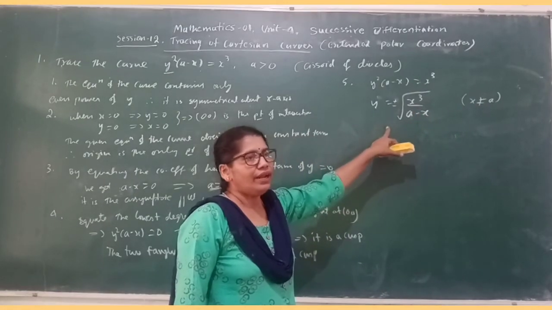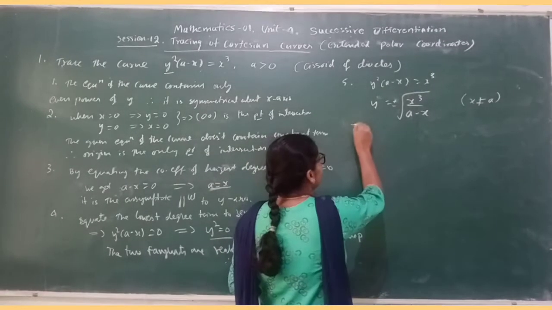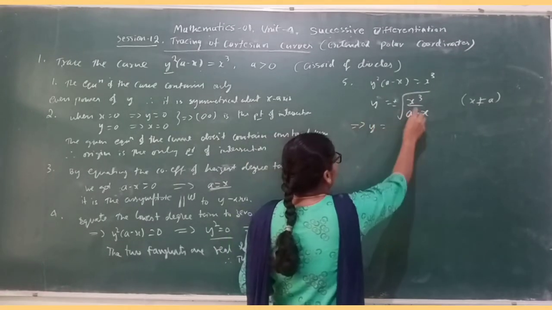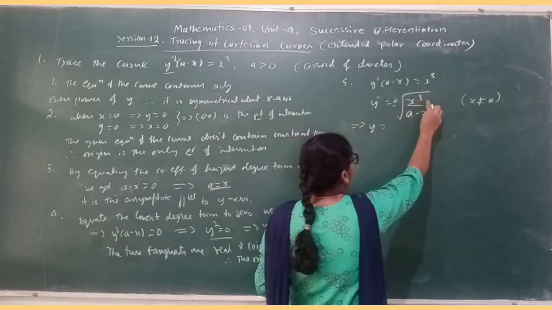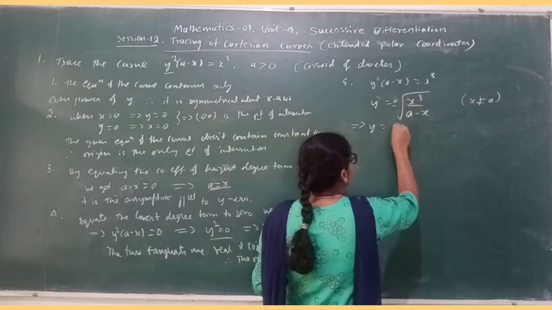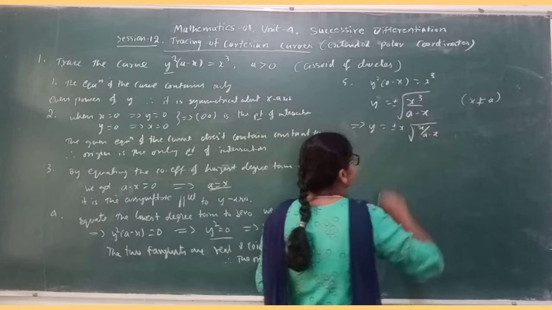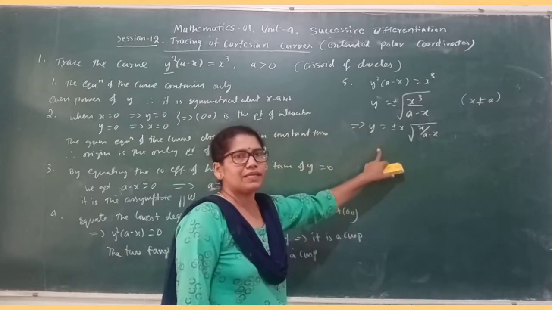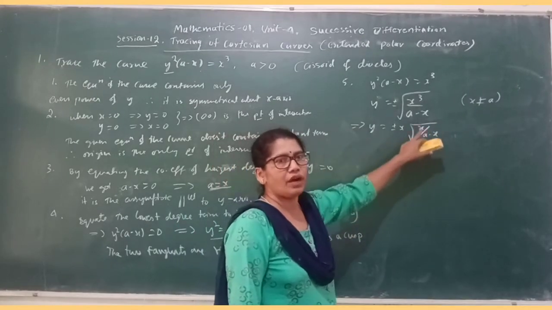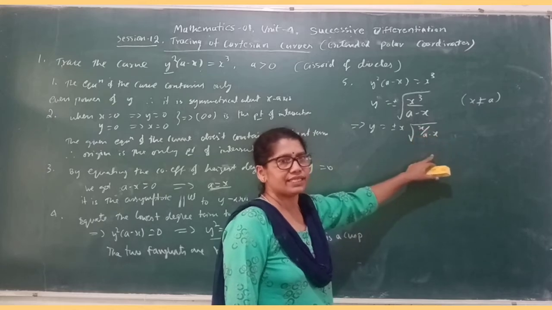Now let us remove the square root of this. We get y is equal to x square into x, that is x cube, so one x can be removed outside, which is x by a minus x. Y is equal to plus or minus x root of x by a minus x.